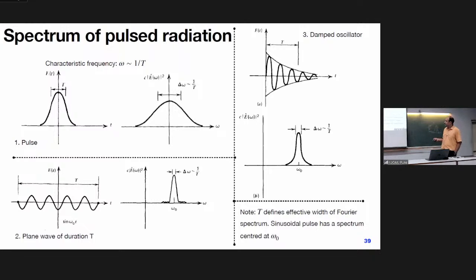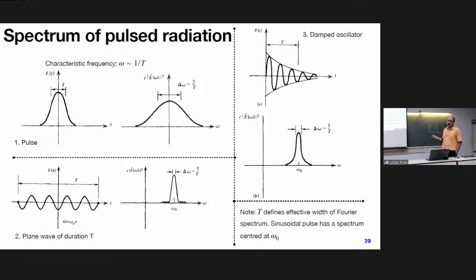What is important to know? So this is the box function. So a finite sine wave peaks at the frequency of the sine wave, with some wiggles here. What is important to note is that if the pulse is very narrow, the Fourier transform is wide.